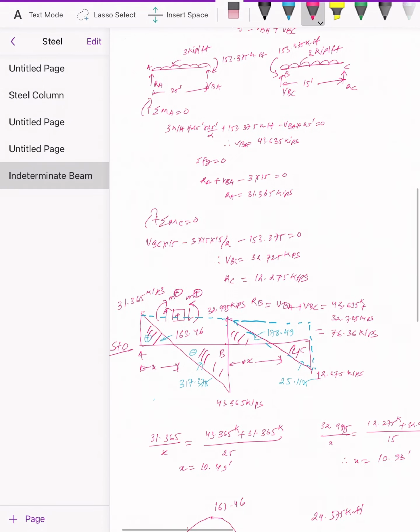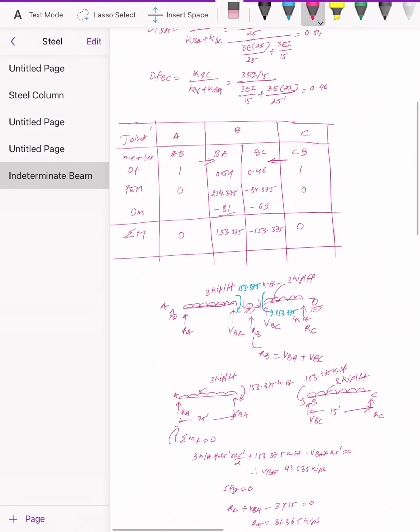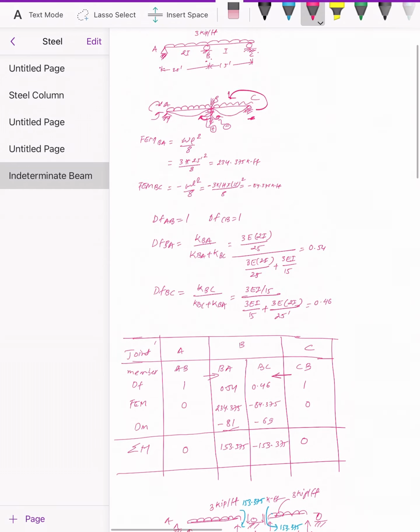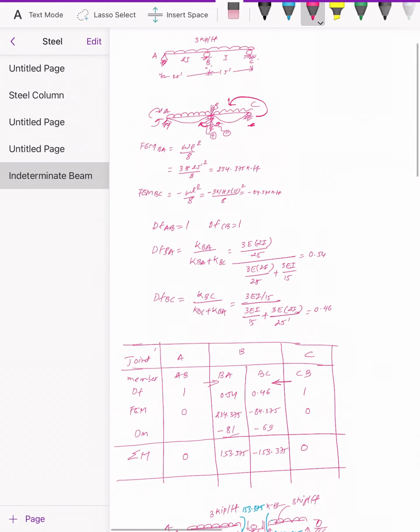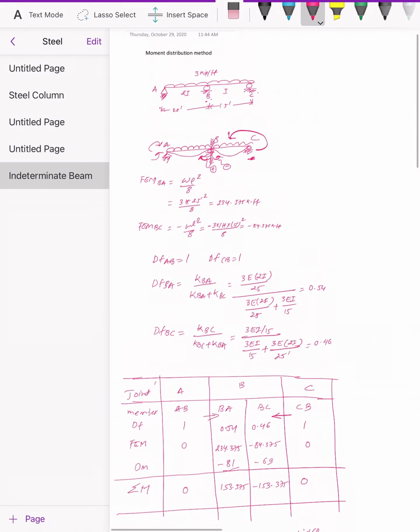Yes, that's all I have. Thank you for watching, and please remember that whenever you do the carryover of the moment, know from which end to which end the moment will be carried over. At joint A it cannot take any moment, so the moment from BA does not come to member AB.